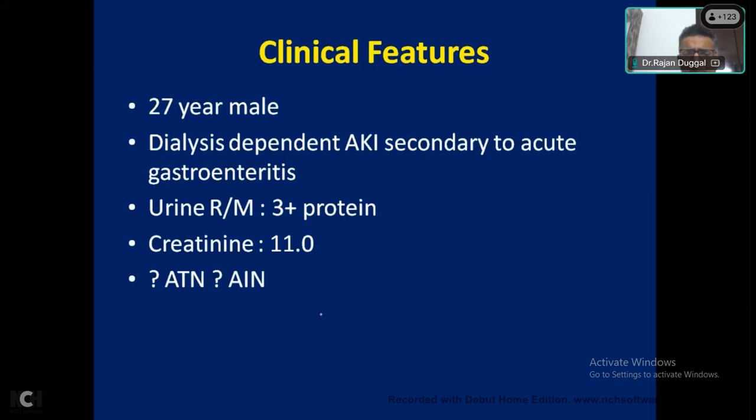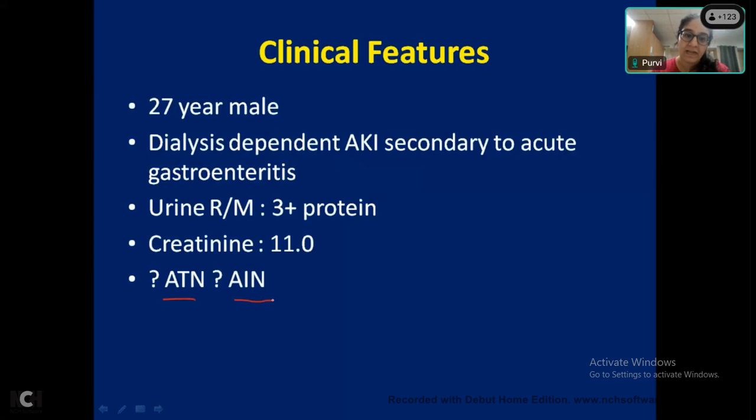So as you can go through the history, this is a 27-year-old male. He has serum creatinine of 11. The clinical possibilities are ATN and, second, acute interstitial nephritis. So now we have to look at the biopsy. If it is ATN, what will you see in the biopsy? We can see tubular damage, tubular necrosis, and loss of brush border epithelium.